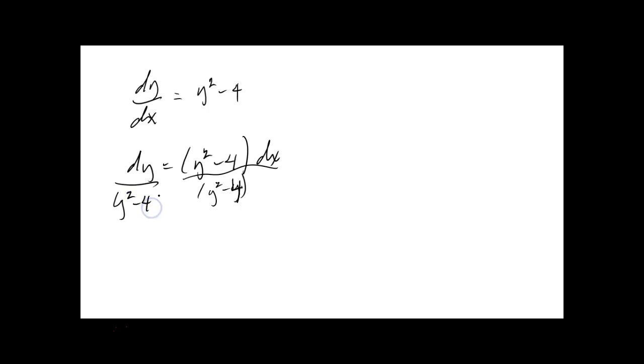These go away then, so you have dy over y squared minus 4 is equal to dx. I can do the right-hand side. The left-hand side might take a little more work. Okay? Right-hand side is just going to be x, and you could have a plus c, depending on which side you want your plus c to be, going to put it with the x plus c.